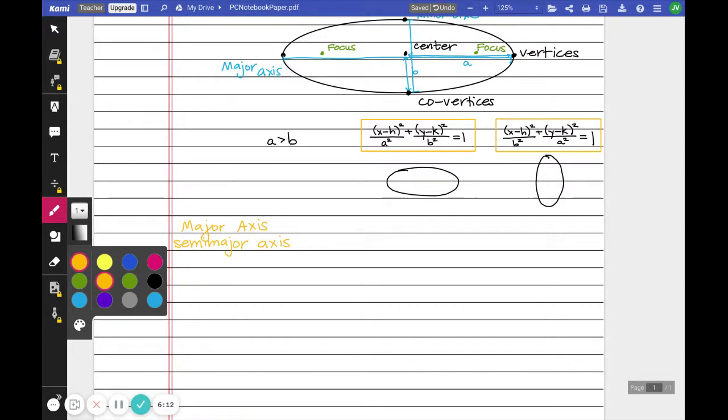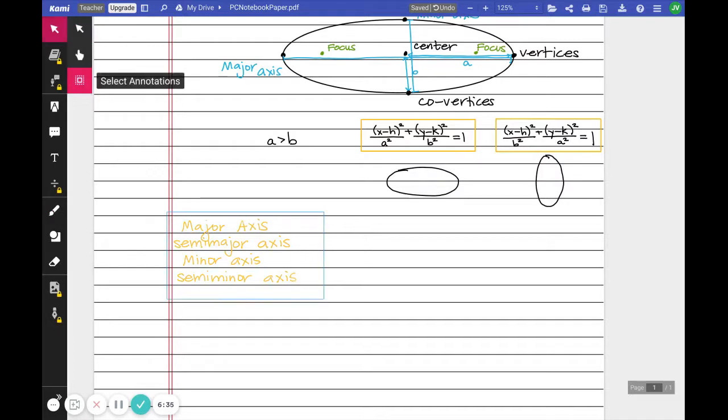We can talk about a minor axis. We can talk about a semi-minor axis. We can talk about, shoot. If you've been writing stuff, wonderful. I'm going to do this real quick.